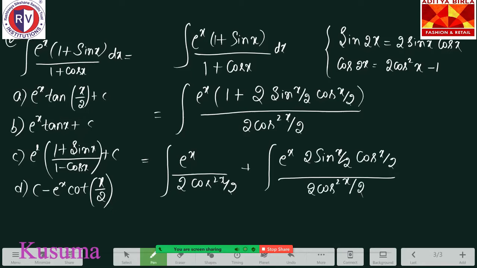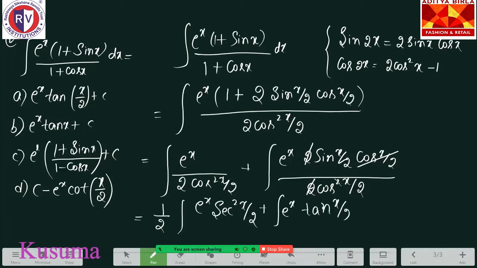Now in this term the 2 and 2 cancel, and cos x by 2 in the numerator and one cos x by 2 in the denominator get cancelled, and what we will have here is 1 by 2 into integration of e to the power of x into secant square x by 2, plus integration of e to the power of x into tan x by 2. Okay, so have you people understood till here? Any doubts?